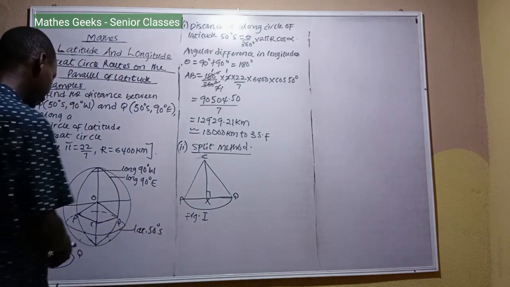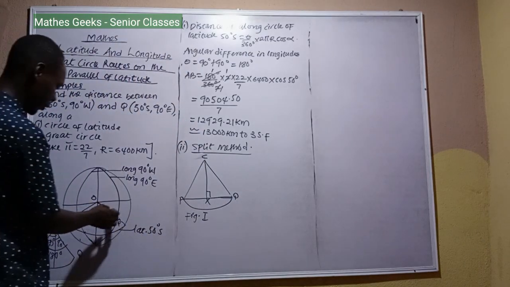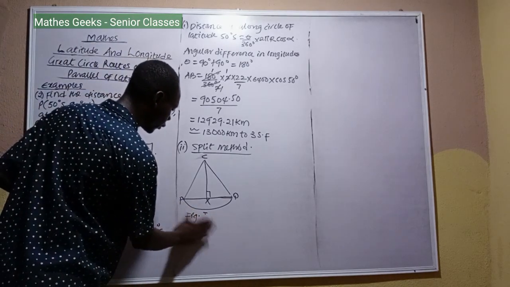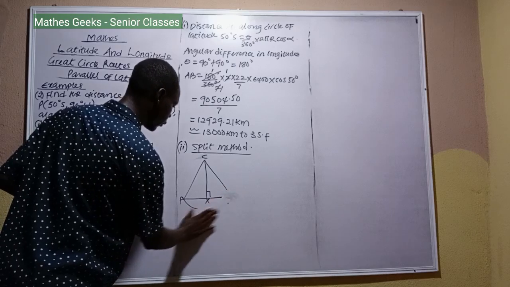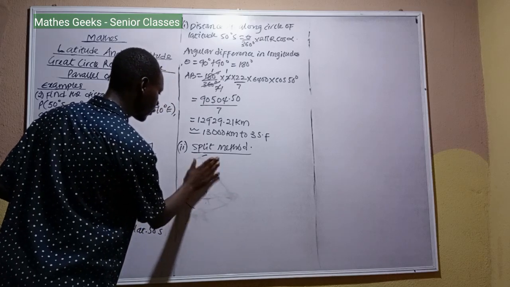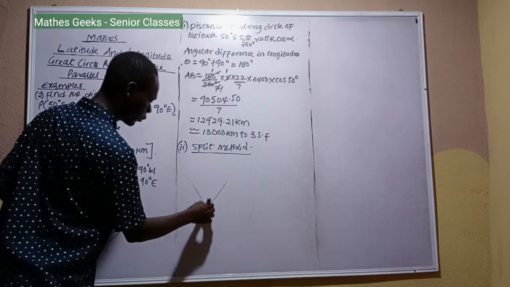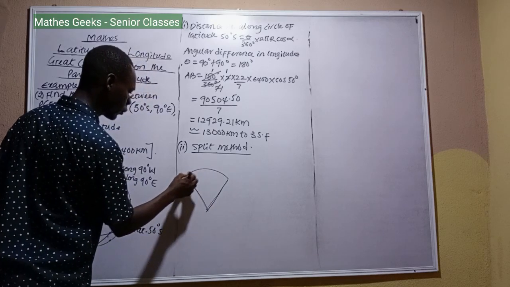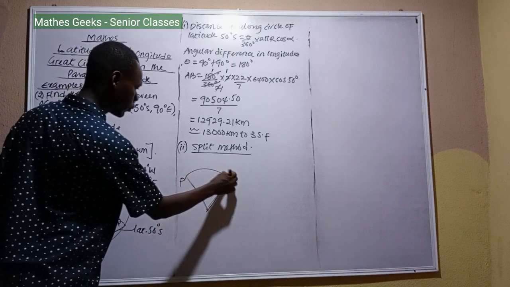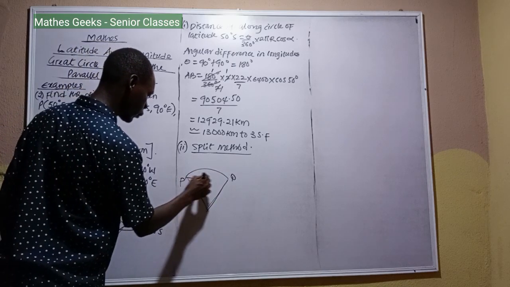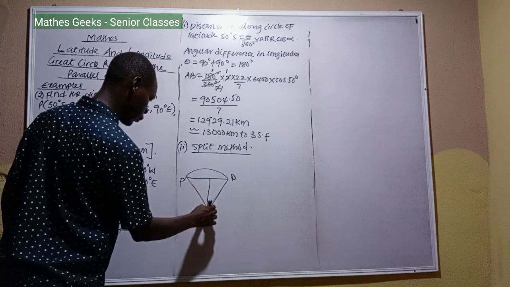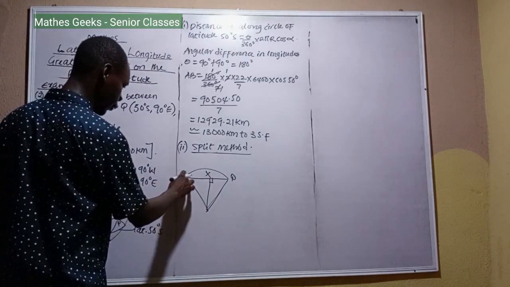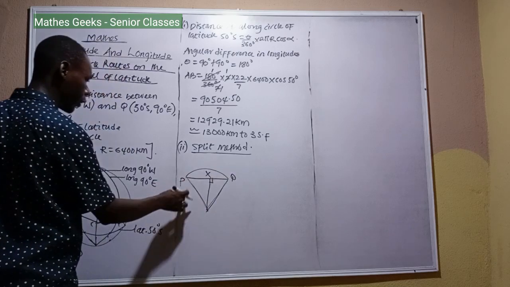This time around, PQ is this way. Let me draw it again. These are small circle routes PQ on the parallel of latitude.